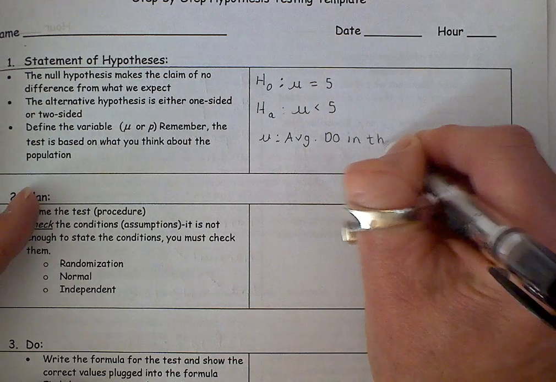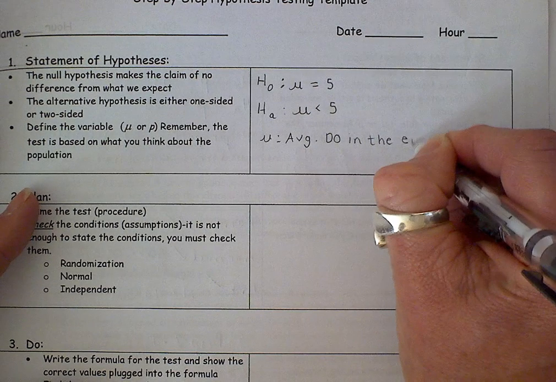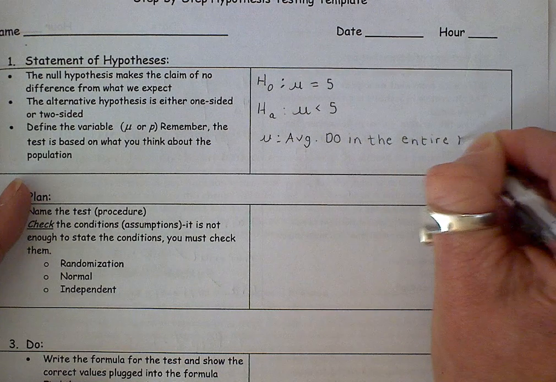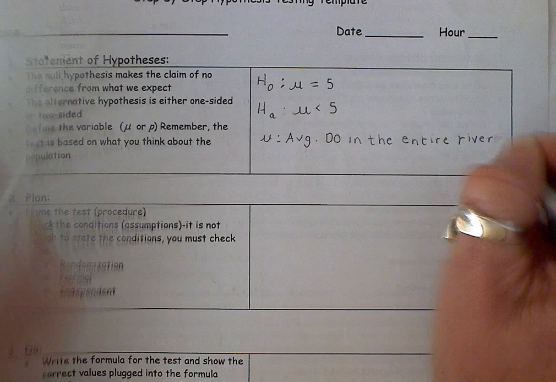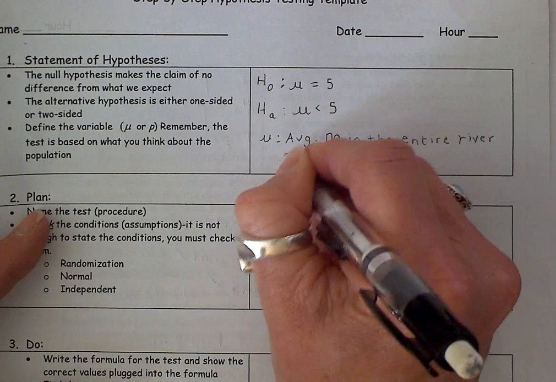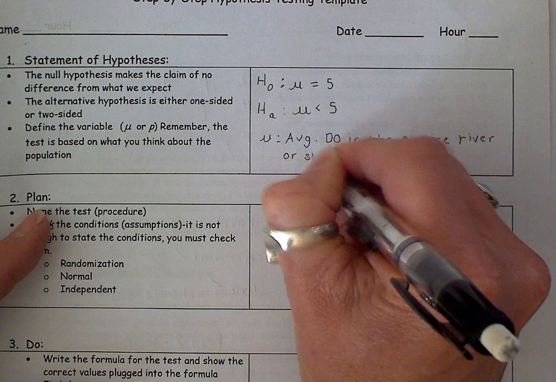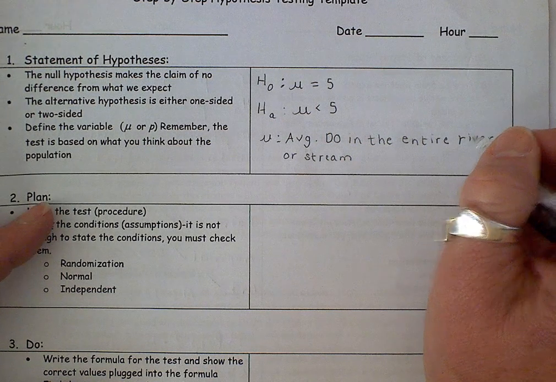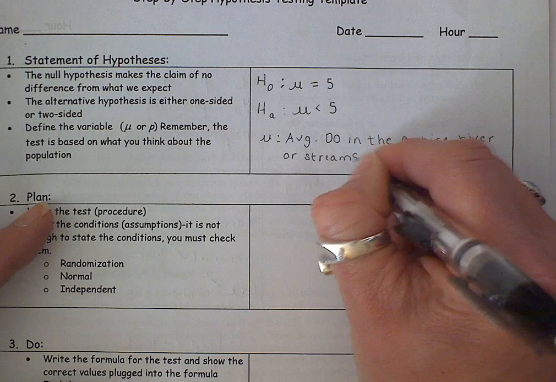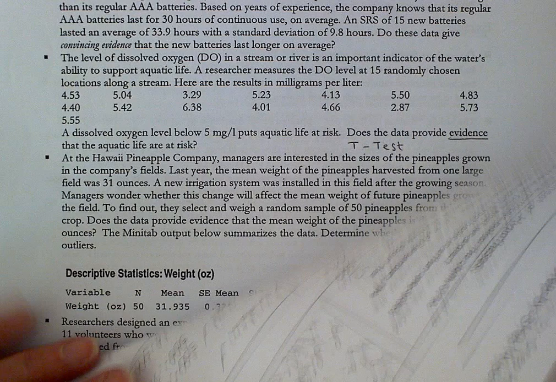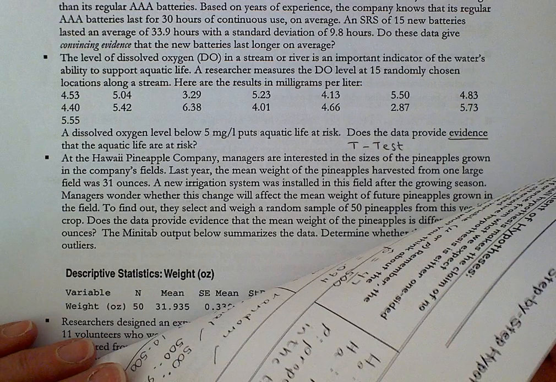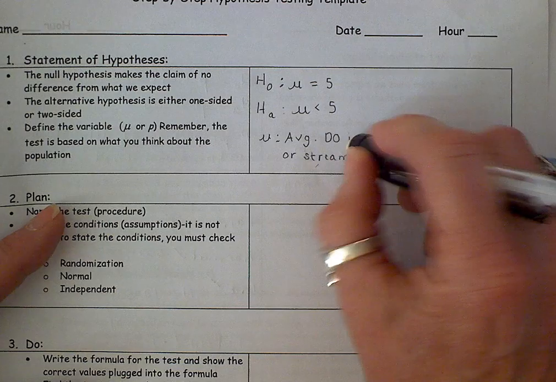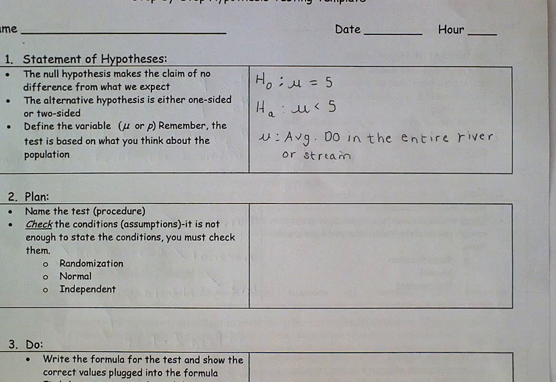I have to make it clear that it is a population value that I am defining. So the average DO in the entire river or stream. Okay, so we've defined mu.